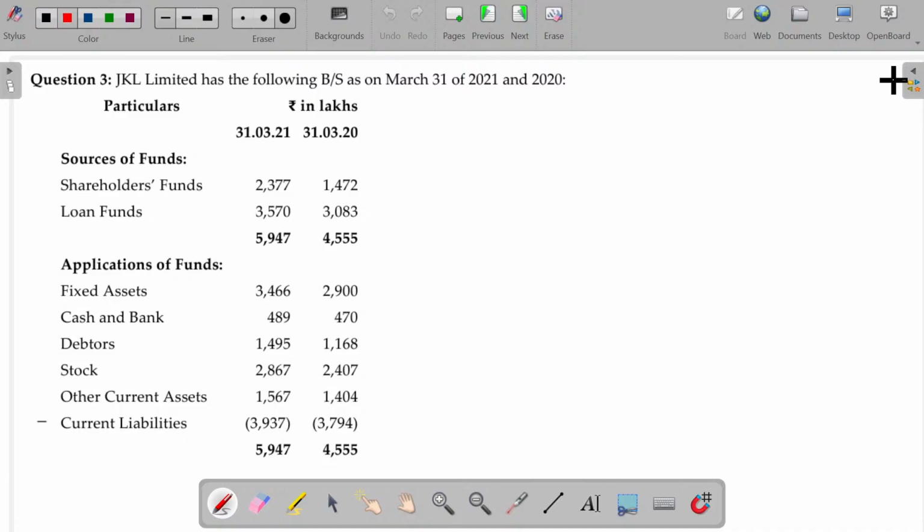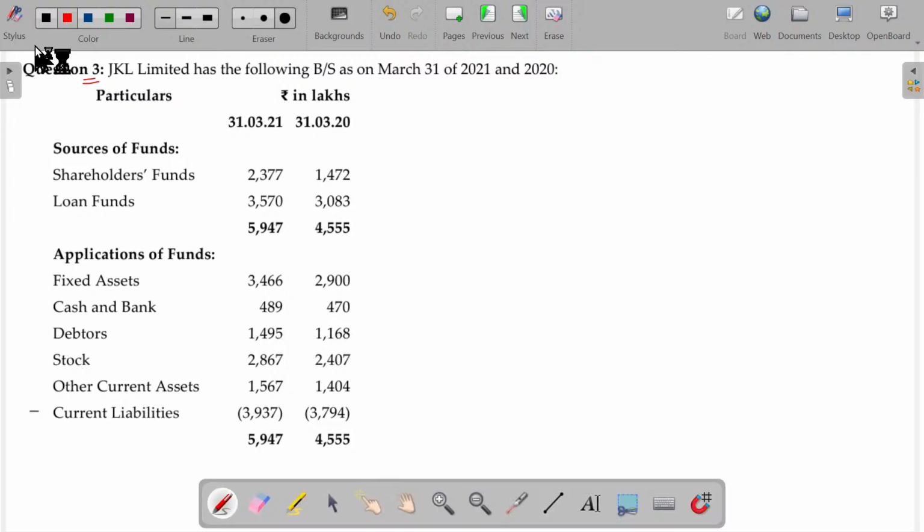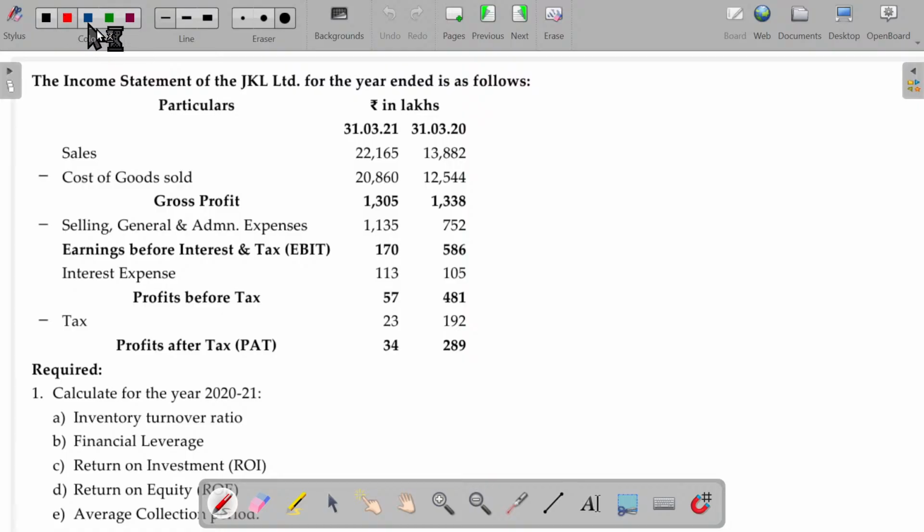So let's start with question number 3, in ratio analysis. In question number 3, we have been given the balance sheet as well as the income and expenditure statement, the P&L account, for the 2 years.